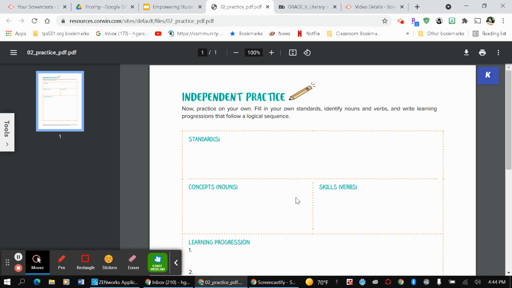Then we determined that students would need to know characteristics of the five common types of text structure. Those would be compare and contrast, description, problem solution, cause and effect, and sequence. Collaboratively, we determined that our students have a very good and solid understanding of sequential text. They have a very good, solid understanding of descriptive text. They're not as secure in problem solution, cause and effect, or compare and contrast.